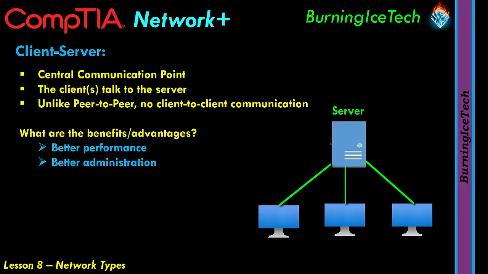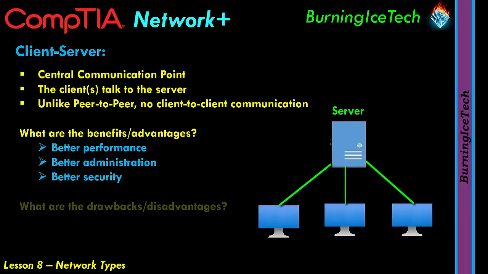Now, from there, you'll also be able to configure all kinds of configurations, and that includes security settings. Now, speaking of security, that brings us to another benefit. You'll also have much better security. Like we just said, you can go and configure way more of this network, and that includes security settings. You have more control over what people can do and not do, what they can access and not access.